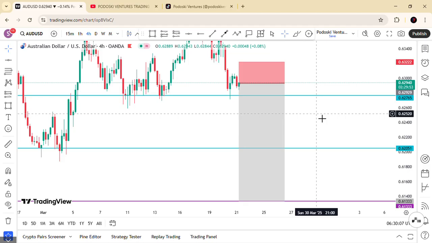So we've done NZDUSD, NZDCAD, and AUDUSD. You can either pick your entry now or you wait and pick your entry next week.